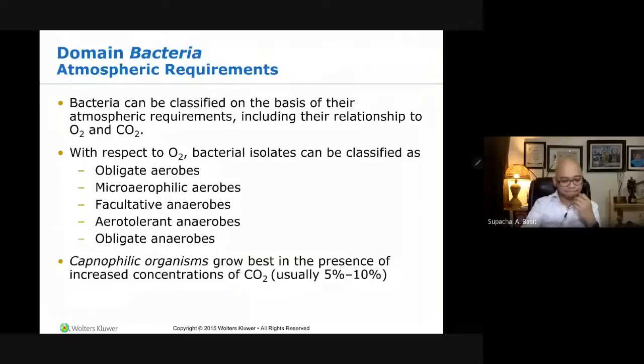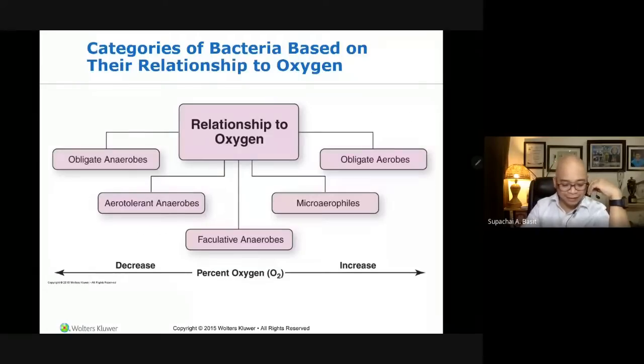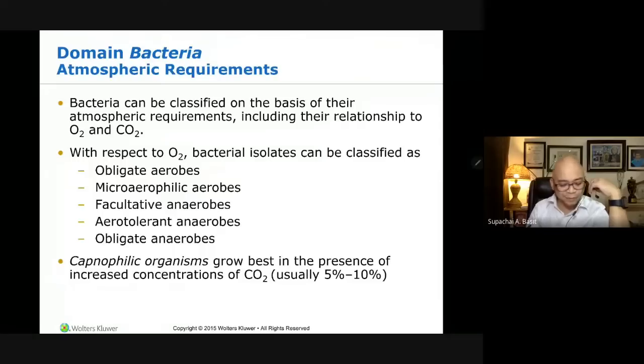Bacteria can also be classified on the basis of their atmospheric requirements in relationship to oxygen and carbon dioxide. With respect to oxygen requirements, we can classify them as obligate aerobic, microaerophilic aerobic, facultative anaerobic, aerotolerant anaerobic, and obligate anaerobic.